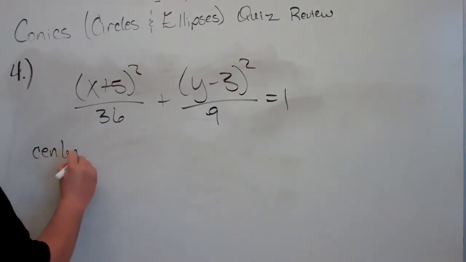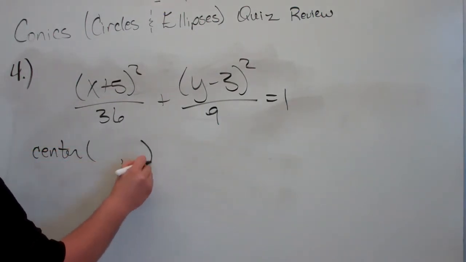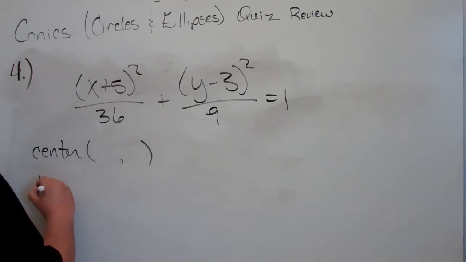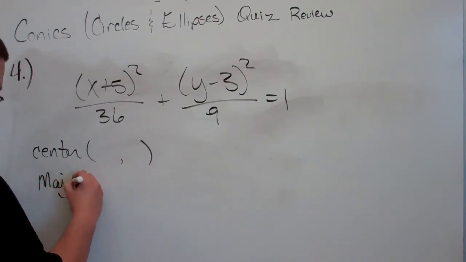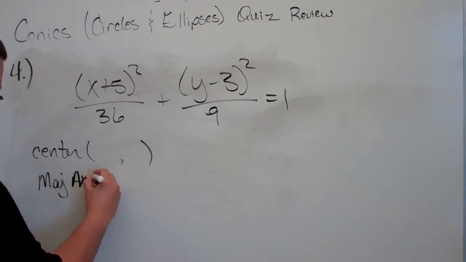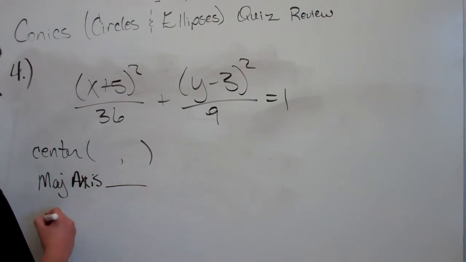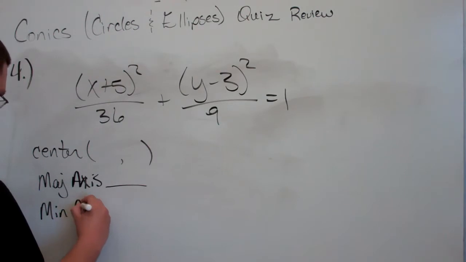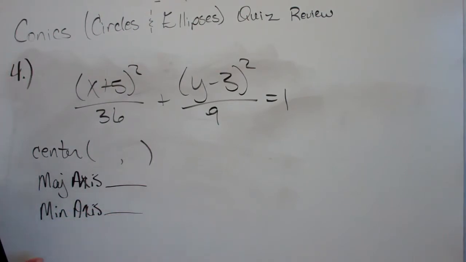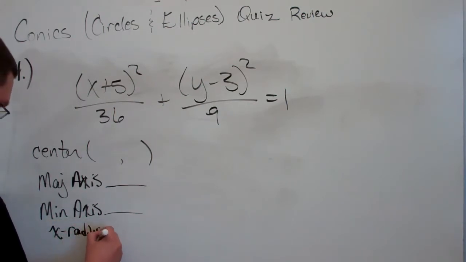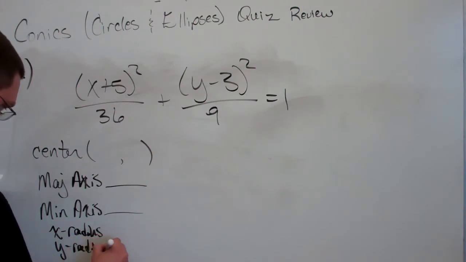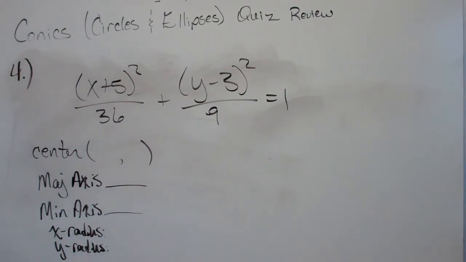We want the center, the major axis, meaning at x or y, the minor axis, the x radius, and the y radius. So we need to get all that from the equation.